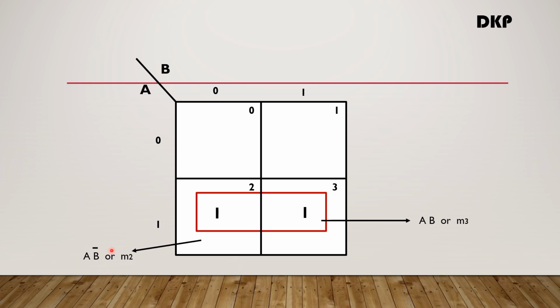Here you can see in these two terms, the first variable is constant. Here it is A, here also it is A, and the second variable changes from b bar to b. Therefore, the second variable is eliminated here and the first variable is retained. Therefore, F4 is equal to A. This is the reduced SOP expression.